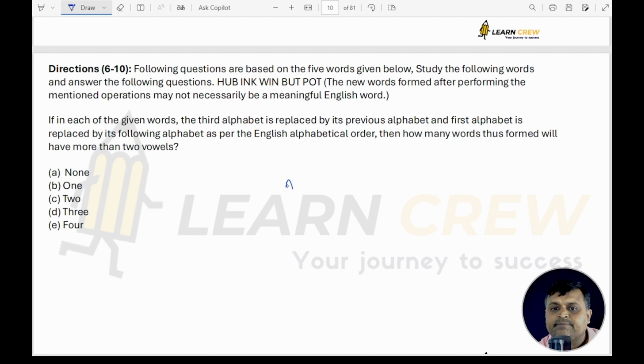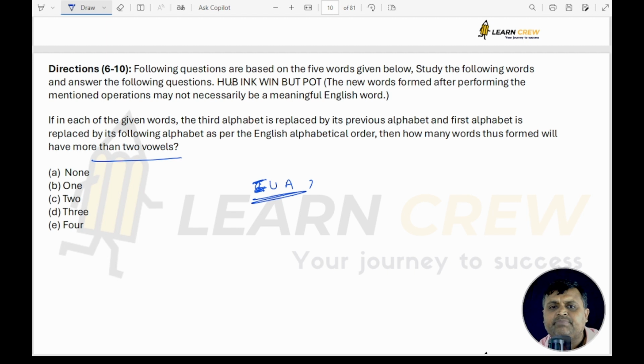So A, U and H, the first letter is replaced by the following alphabet, that is G. So you have here HI. So here we have more than 2 vowels: I, U, A, all are vowels.